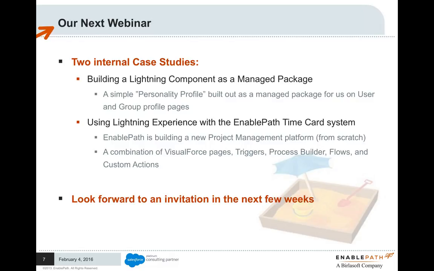And then we'll also be talking about using Lightning Experience with the EnablePath timecard system. So EnablePath is building out our new project management platform from scratch. That's part of a migration onto a different accounting system, and as a result, we no longer need to do accounting within Salesforce.